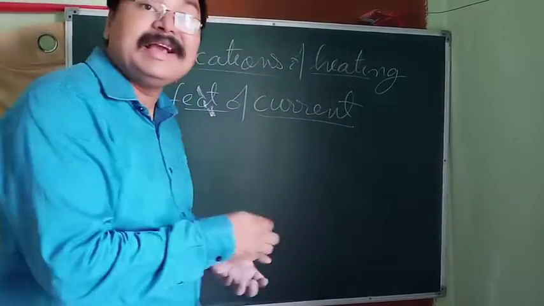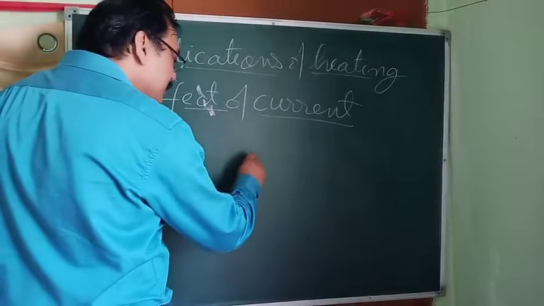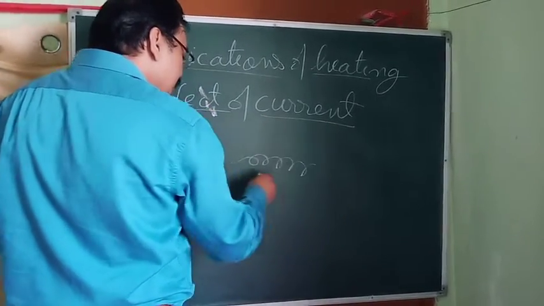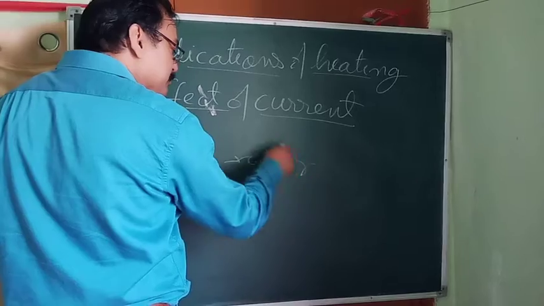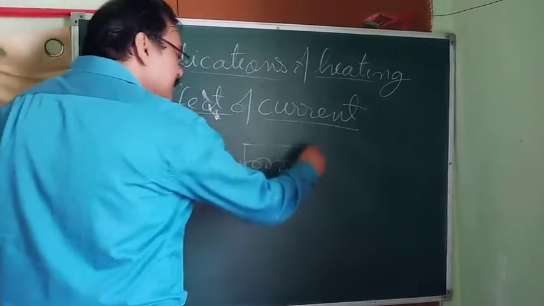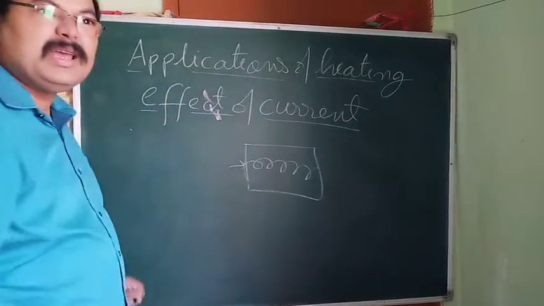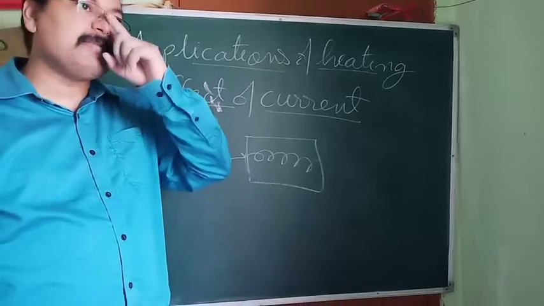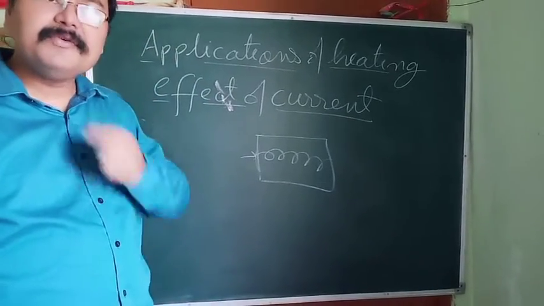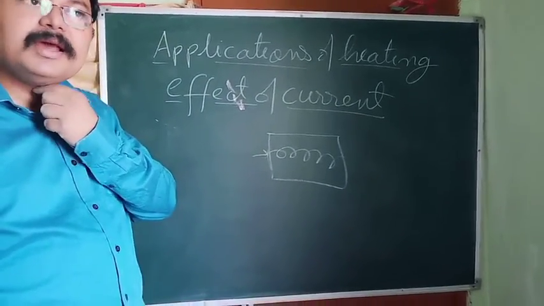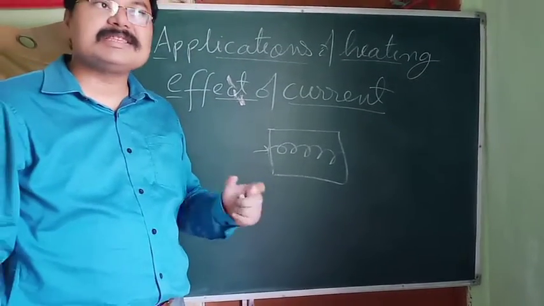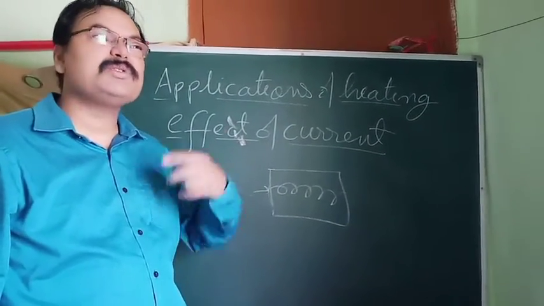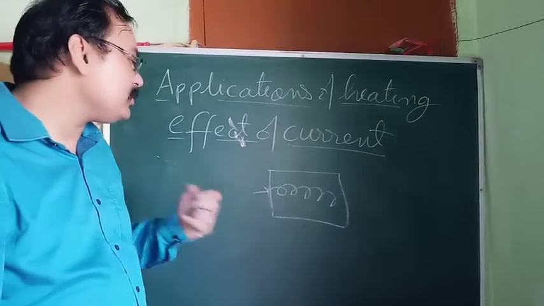So how is it working actually? It has got a resistance coil, and when current is passing through this, it becomes hot. And it is enclosed in a material, which can be mica, which is called abrak in Hindi. India is one of the greatest exporters and producers of this.